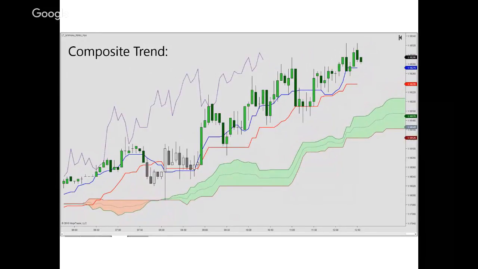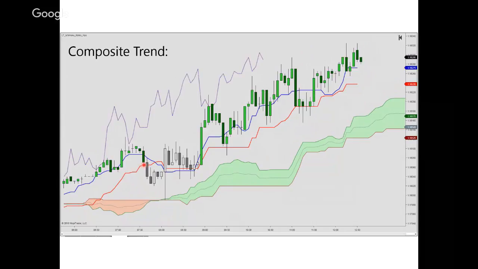So what can we do with all of this in terms of trend definition? Well, the indicator allows you to define composite trend filters and display it with paint bars. By default, we've set it to look for where the price is relative to the Kijun line. And here we see it's moving above the Kijun line.